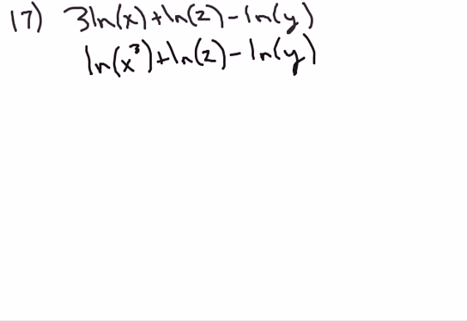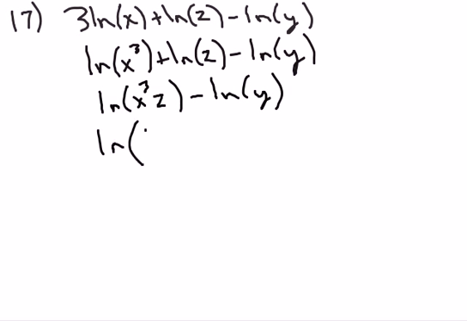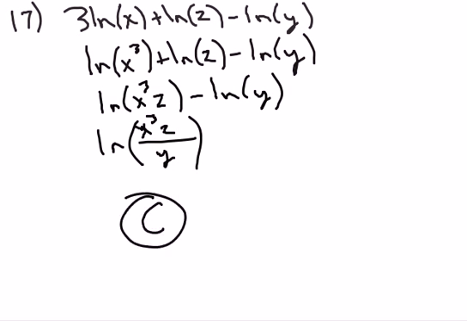Then I'm going to combine these two using the addition product property. So ln of x cubed z minus ln of y. And lastly, I'm going to use the division subtraction property, and I get that. And if you look at your options here, that is option C. So the answer is C.